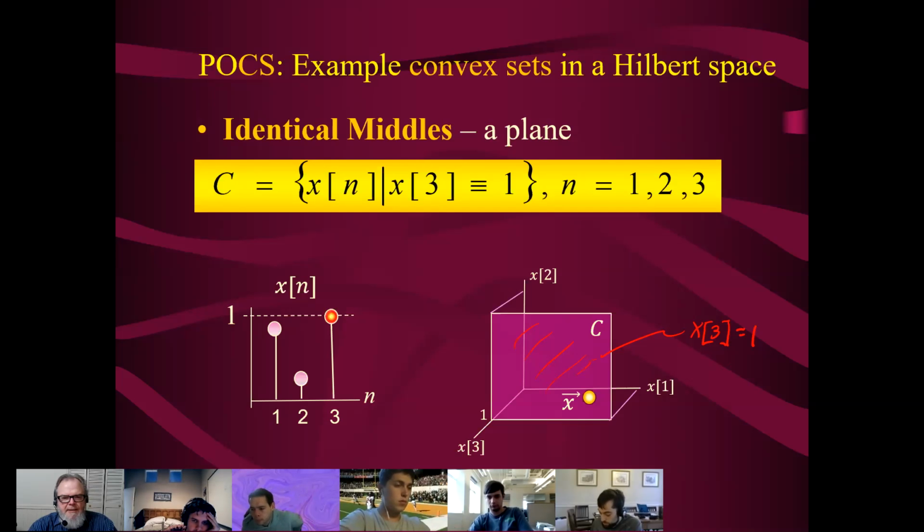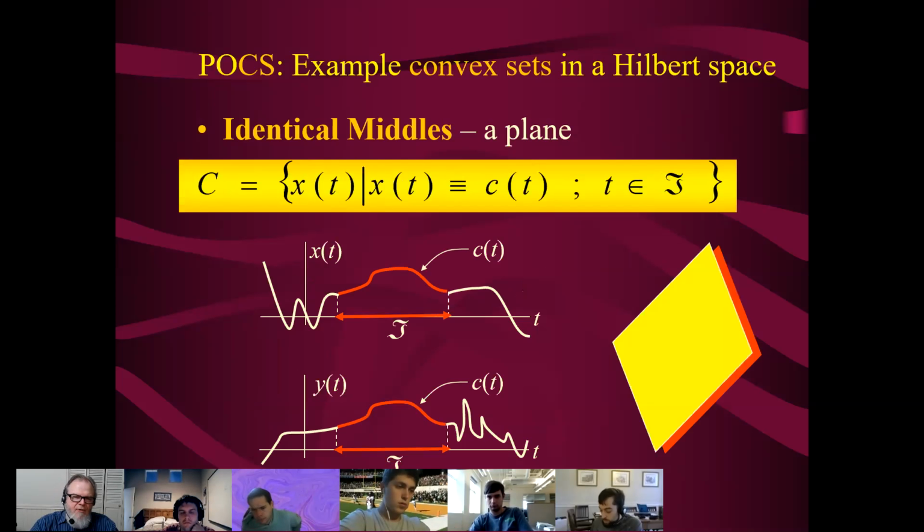We can extend this to higher dimensions and say, for example, all signals, and this is where the identical middles comes in, all signals that look like this in the middle form a convex set. So I don't care what it does in the tails. I only want it in the interval. I want x of t to be equal to some sort of constant in the middle.